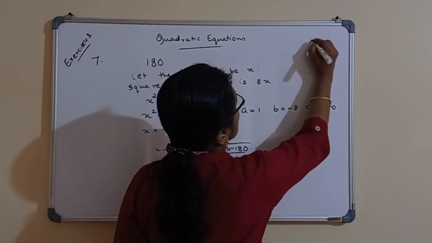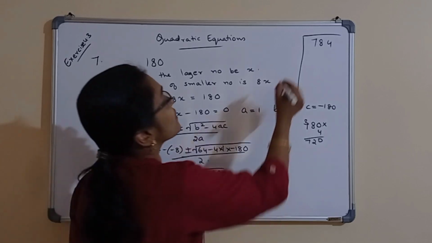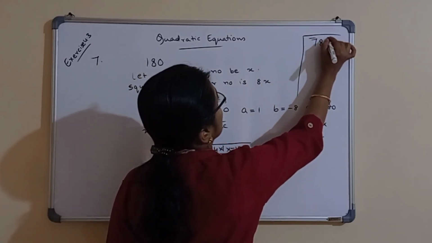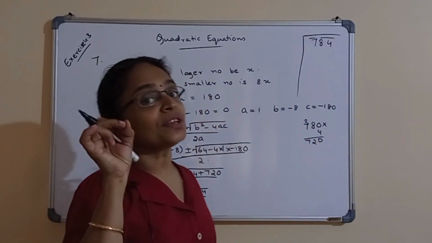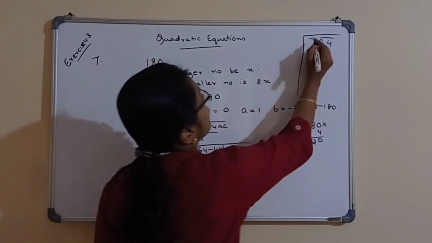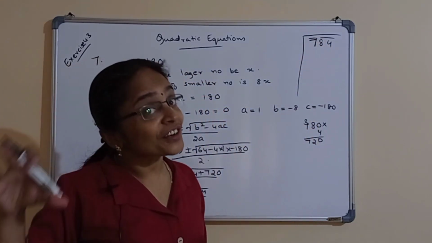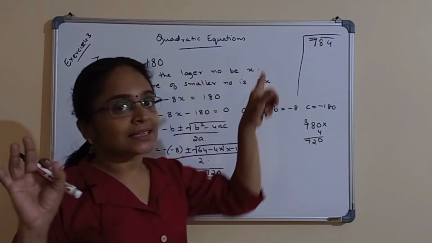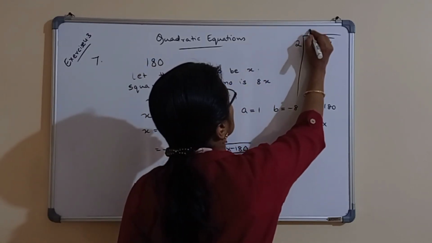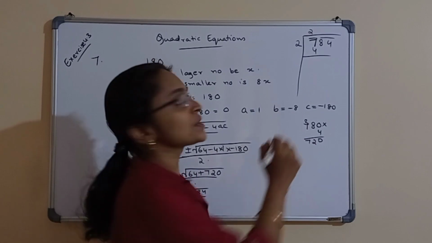We can find root of 784, and for that, from the right, we have to take a pair, that is two numbers at a time, and find the number whose square is less than or equal to 7. Here it will be 2, because 2 into 2 is 4 and then 7 minus 4 is 3.